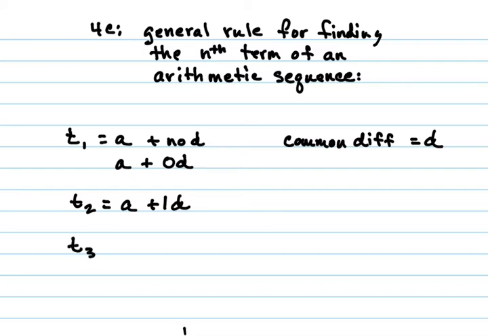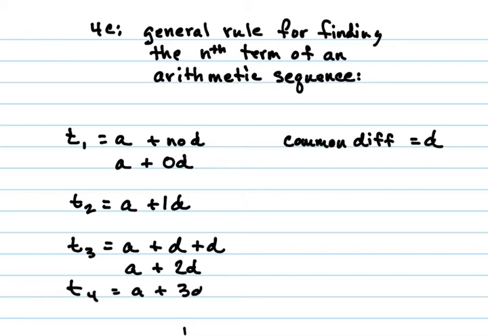If you have the third term, that's A plus a D plus another D, because every time you do a new term, you're adding another D to get the next term in the sequence, right? So that could be written as A plus 2 D's. And the pattern continues. If you want T to the fourth, it's A plus 3 D's.